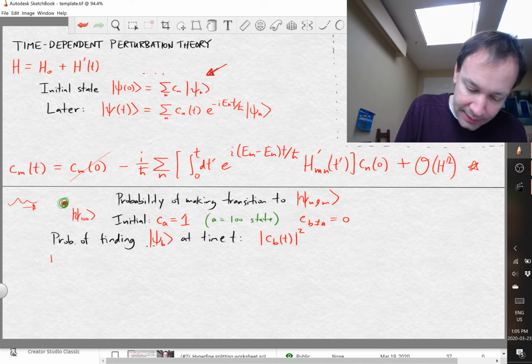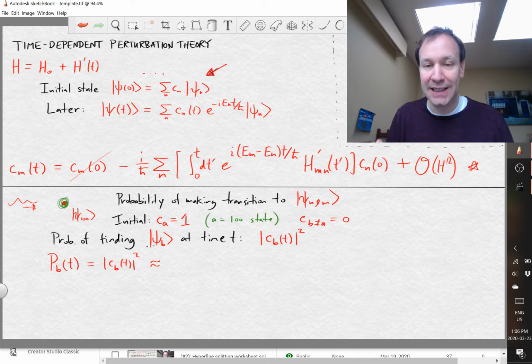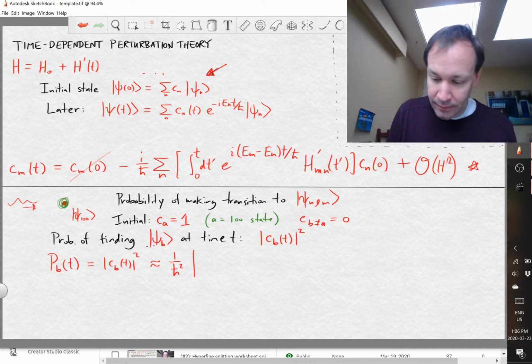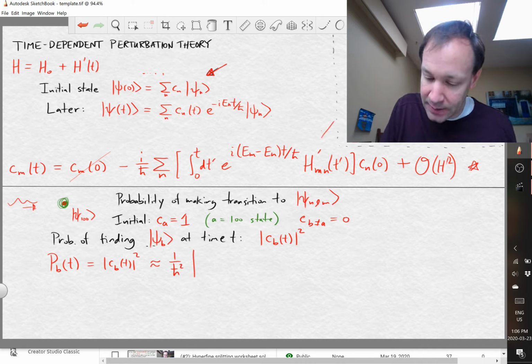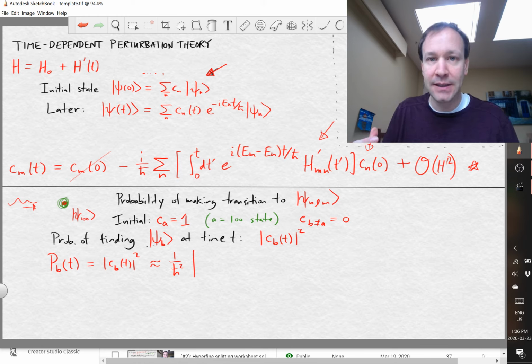So what we find is that PB of t would be equal to CB of t squared. And then this is approximately, because we're just going to keep the expression at first order in perturbation theory, approximately equal to 1 over h bar squared times, and now this entire expression simplifies because there's only one value of n for which Cn of 0 is not 0.